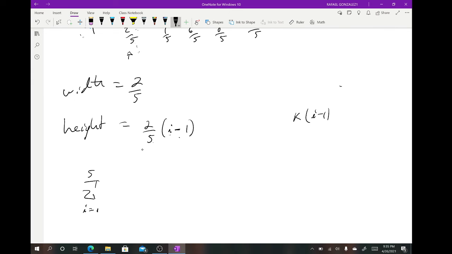But now, notice that this gives us the input to our function f. So it's going to be f of 2 over 5 times i minus 1, times 2 over 5. So this is giving us the height, and this is the width.